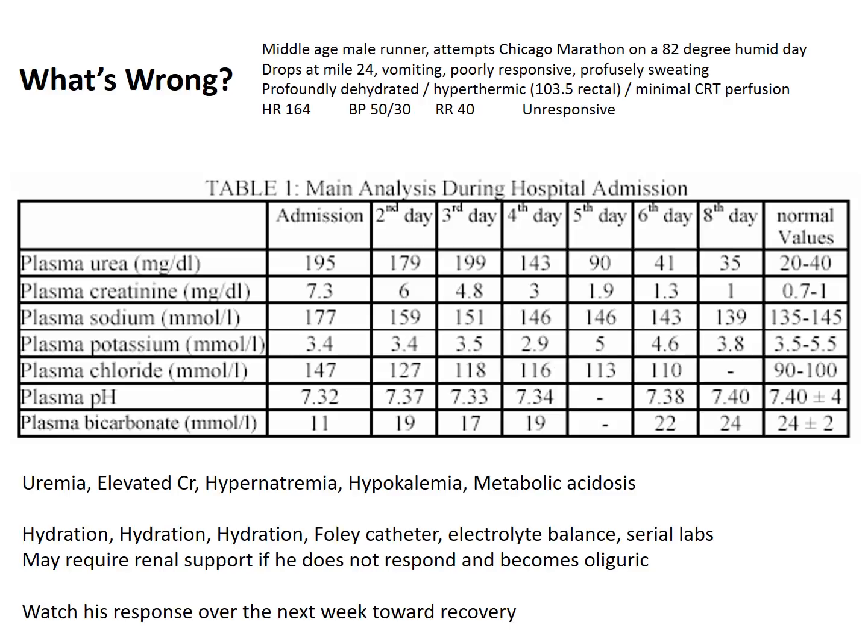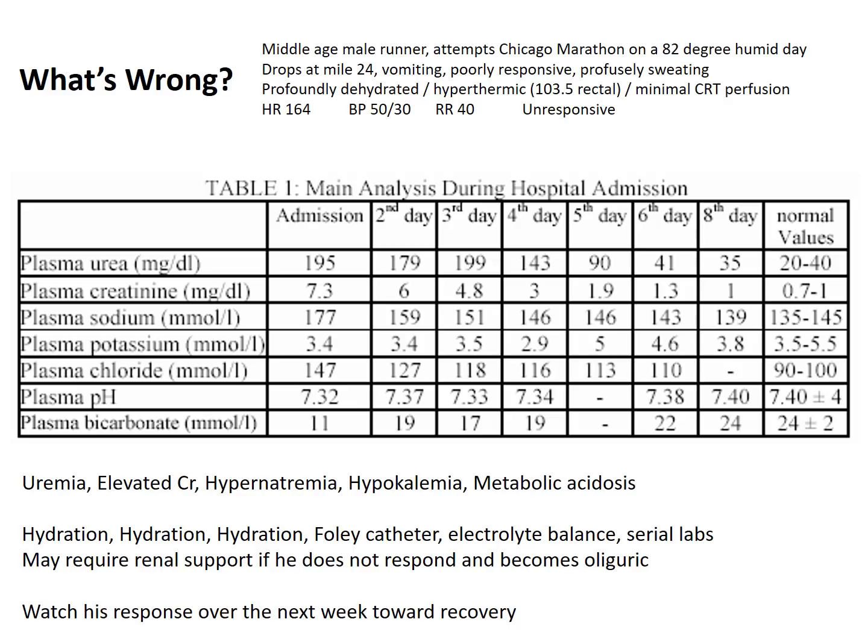So now let's look at his levels. Let's look at his nitrogenous waste, his pH, and some of his inorganic ions, and look to see what they look like on admission, and then what happens over the next days as this individual is resuscitated.